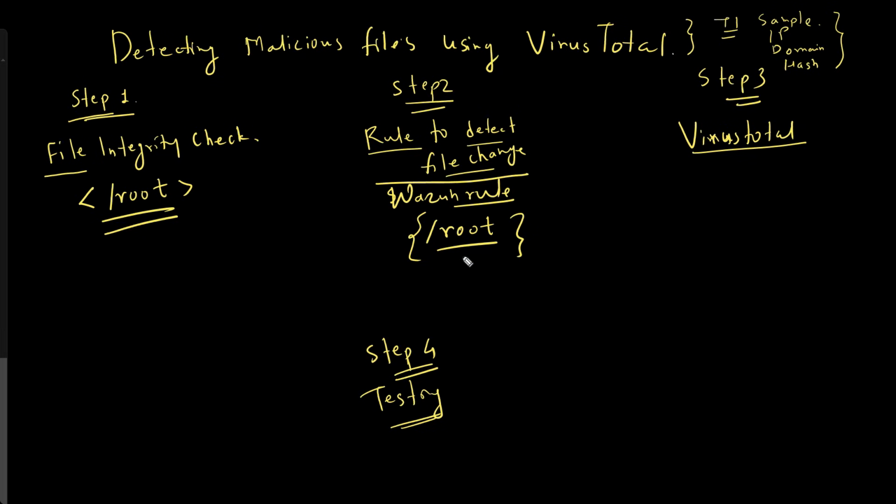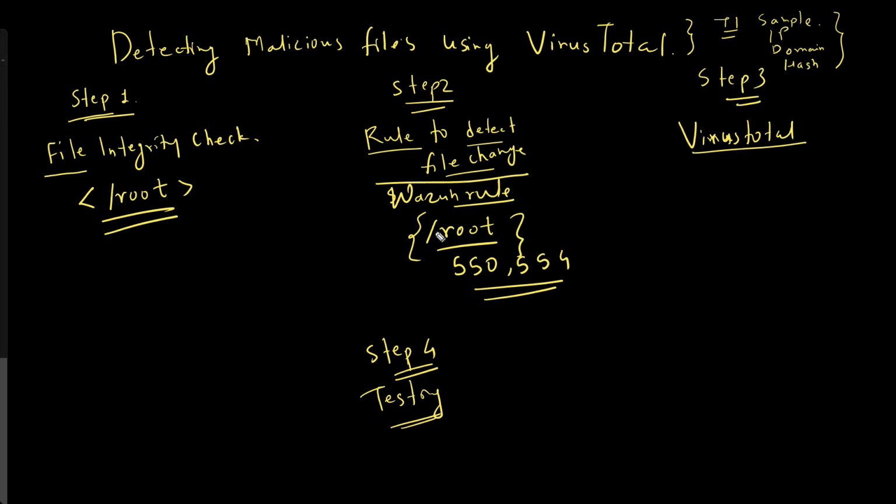So the moment a new file has been added, if we have enabled file integrity, there is an existing rule, 550 and 554, I guess, and this will be triggered. But we are just making sure it's only applicable for files in the root directory.